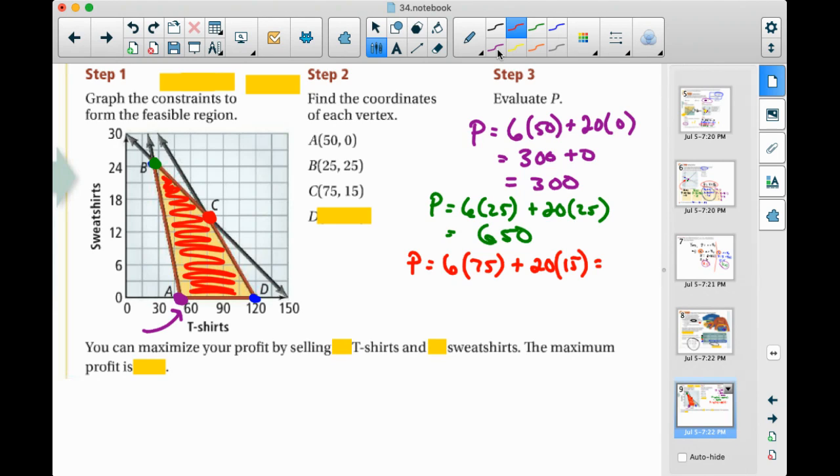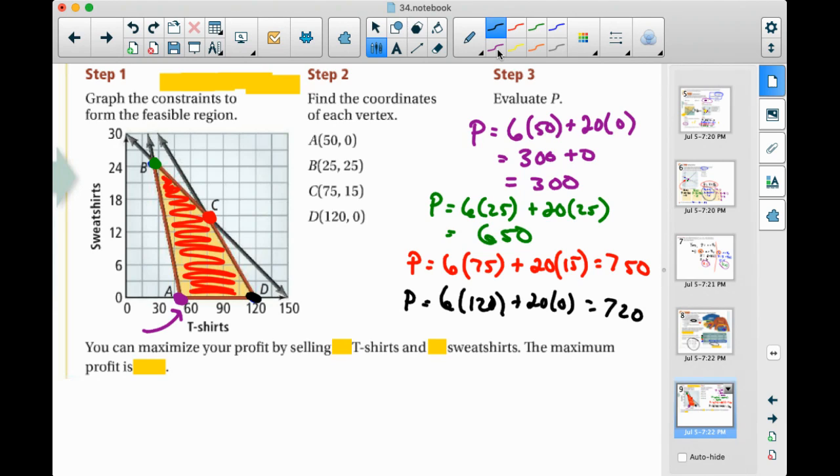That's going to give me $750. And then our last one, D, right here, I'm going to do 120 t-shirts and no sweatshirts. That's going to give me $720 profit.